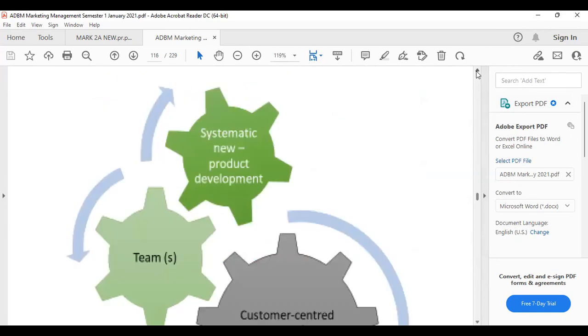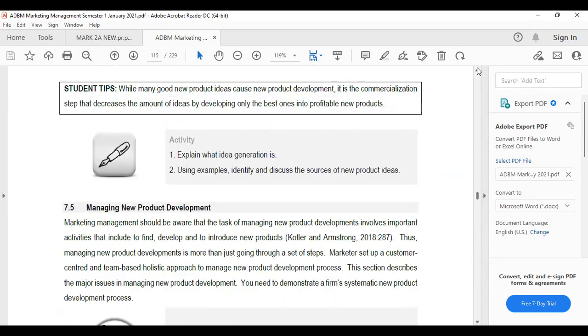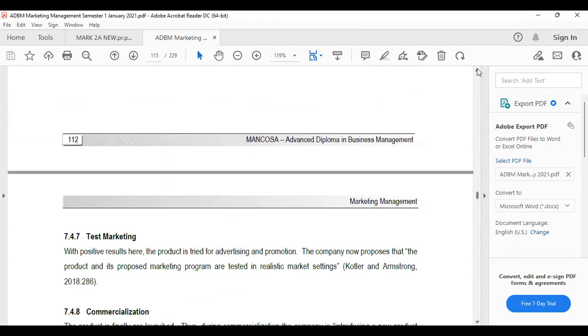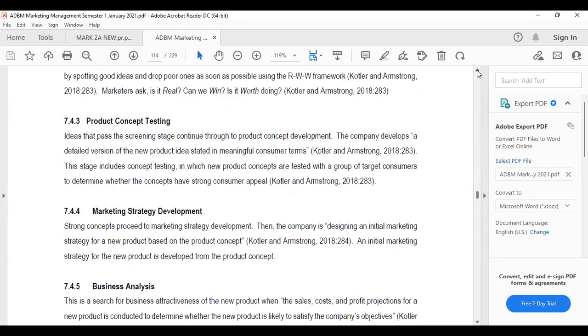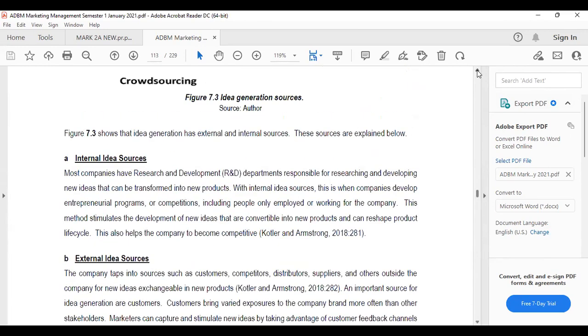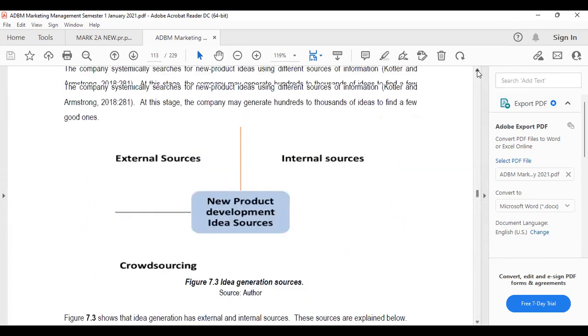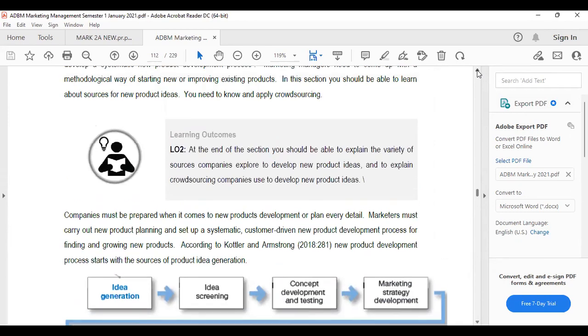Now, the reason why I'm going back to the study guide is just for you to see that it's coming from the study guide. I'm just trying to make you see that what we discuss in the study guide is actually what will be asked. They don't ask anything that is outside the study guide.